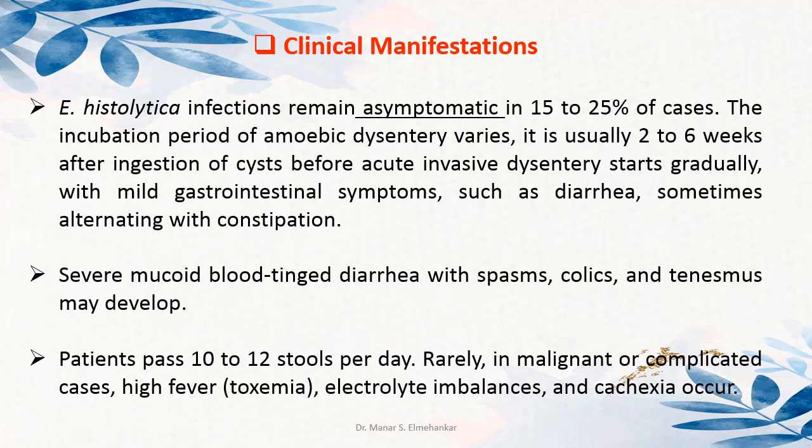Severe mucoid bloody diarrhea with spasm, colic, and tenesmus may develop, and the patients pass from 10 to 12 stools per day. And in malignant or complicated cases, high fever, electrolyte imbalance, and cachexia occur.